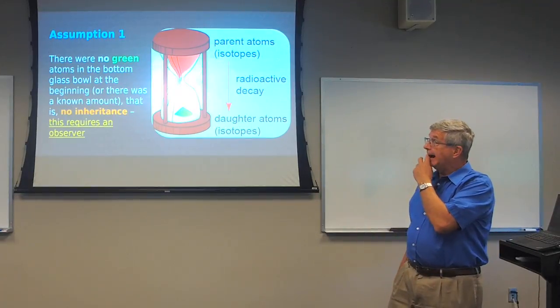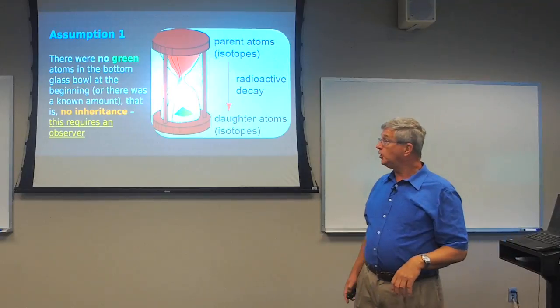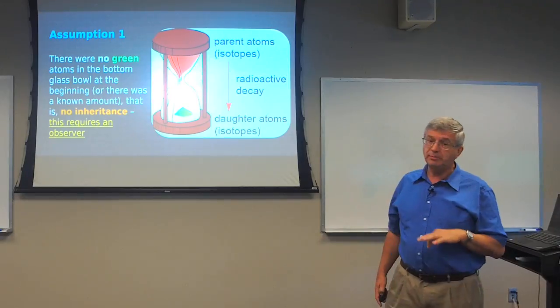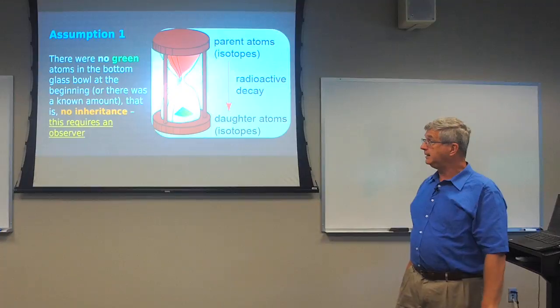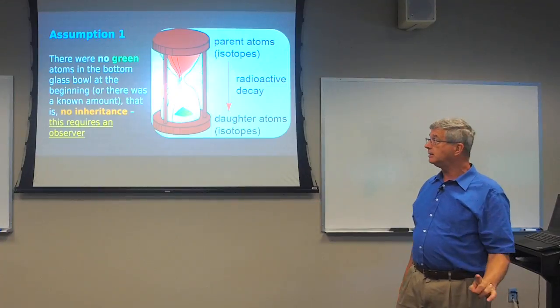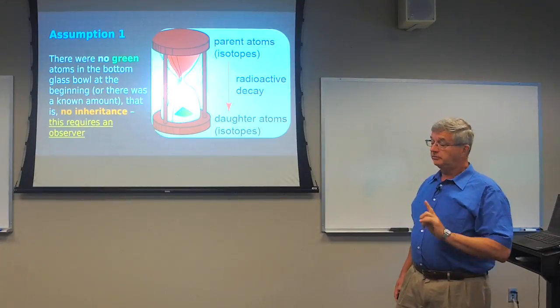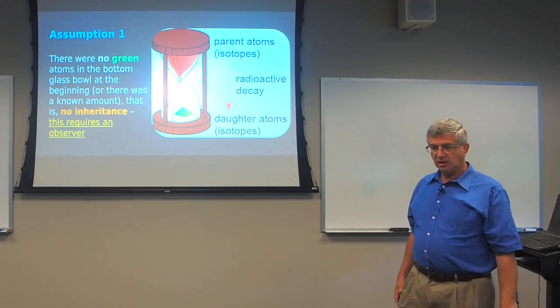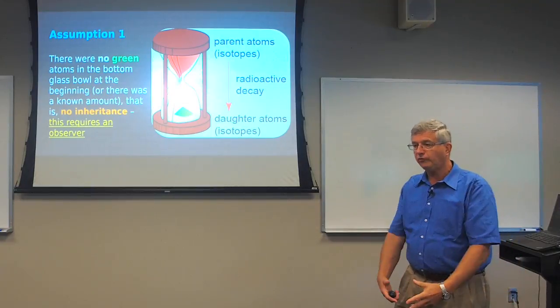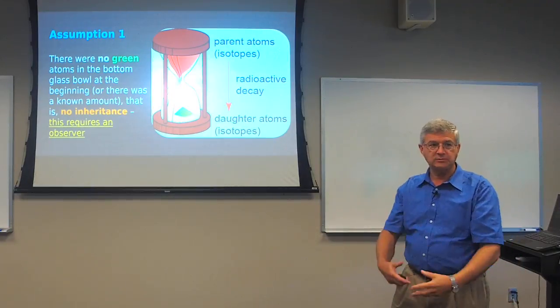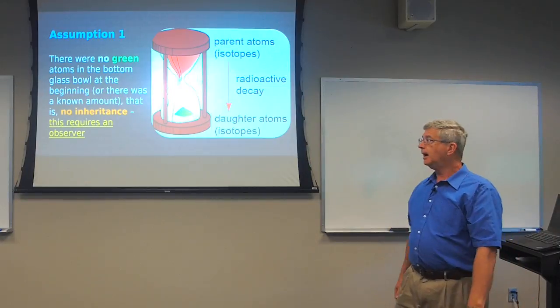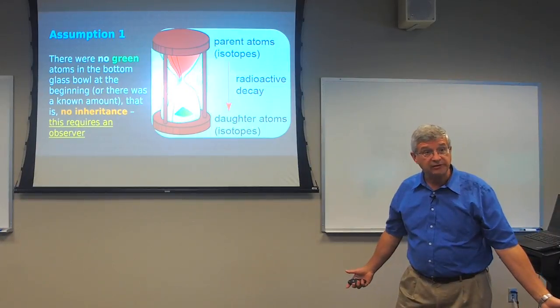And so we have to assume that there were no green atoms in the bottom of the glass bowl at the beginning, or there was a known amount, and that is that there was no inheritance. In other words, the rock didn't already form with inherited green atoms or daughter atoms in it. And of course that requires an observer.